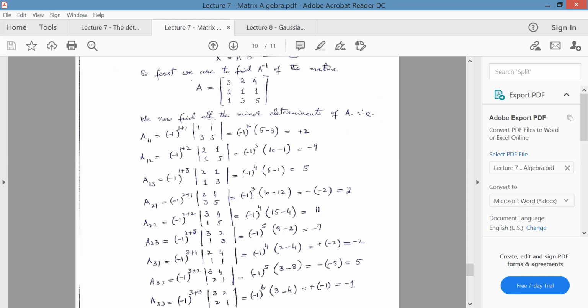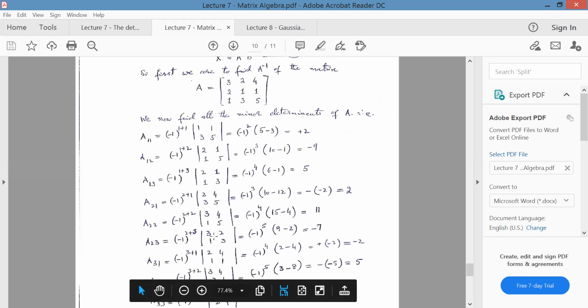A22, second row and the second column. Remember, but don't write in a hurry. Just concentrate. You are deleting the second row. You are deleting the second column. What is left? 3, 1 and 4, 5. This writing of the remaining elements is very important.